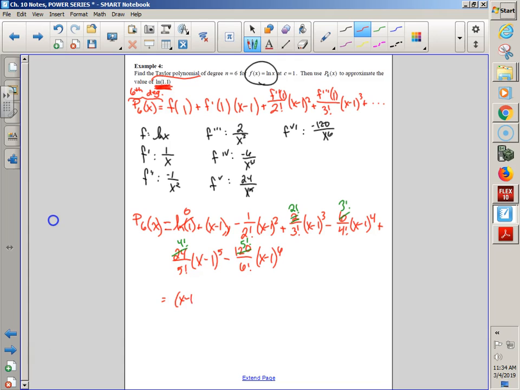It's going to be x minus 1 minus 1/2 x minus 1 squared plus 1/3 x minus 1 cubed. Well, because the 2 factorial and the 3 factorial, remember the 3 factorial is 2 factorial times 3, right? And the 4 factorial is the 3 factorial times the 4.